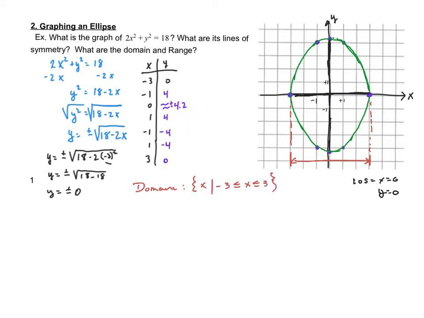And looking at my range, that is going to be for all values of y, goodness, a little bit more difficult, but thankfully we know, according to our table, that we extend upward to approximately +4.2 and downward to -4.2. So y is going to be greater than or equal to -4.2 and less than or equal to +4.2. So there's my domain and range, lines of symmetry, and those items on my ellipse.